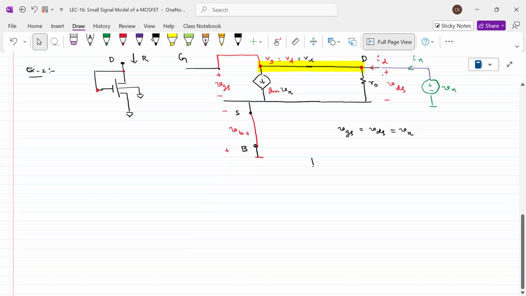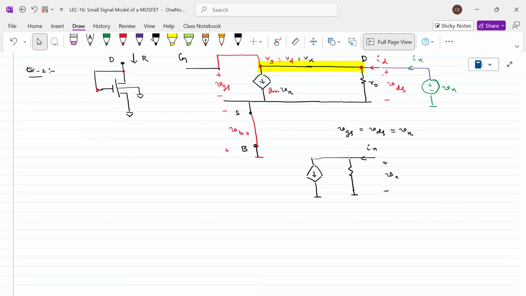There is one current source here and one resistance here. Both are at ground. Ix is coming from here, and we need to apply Vx here.